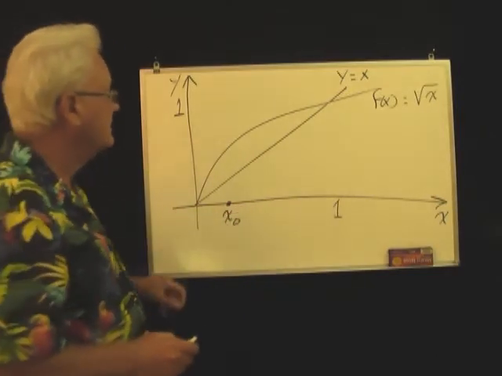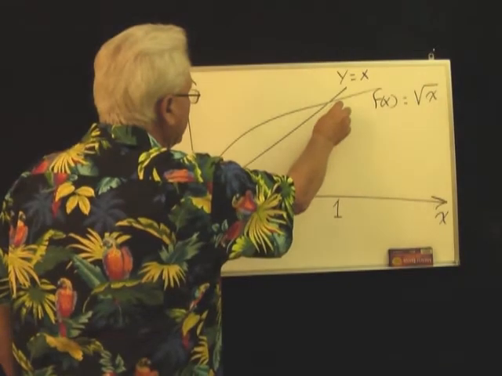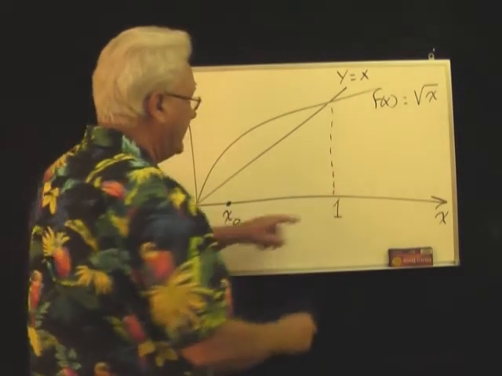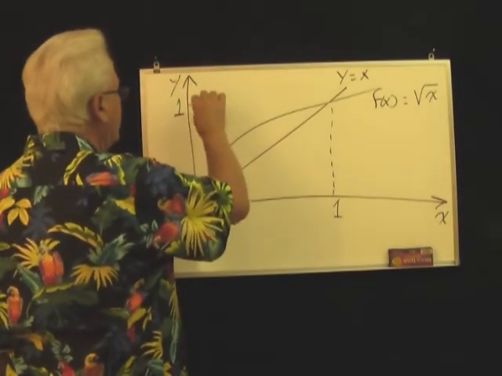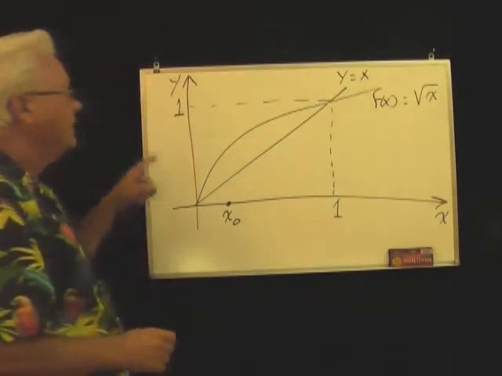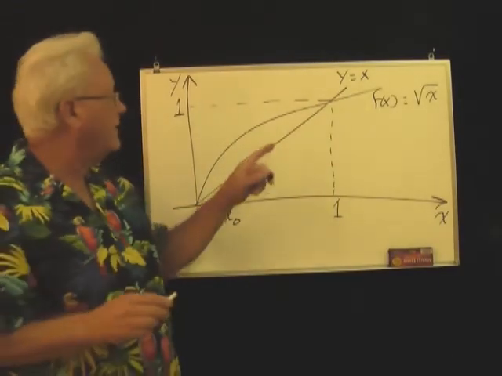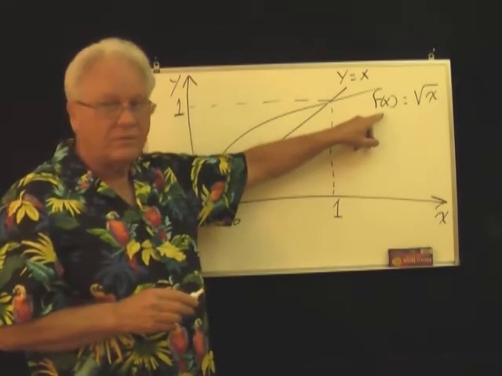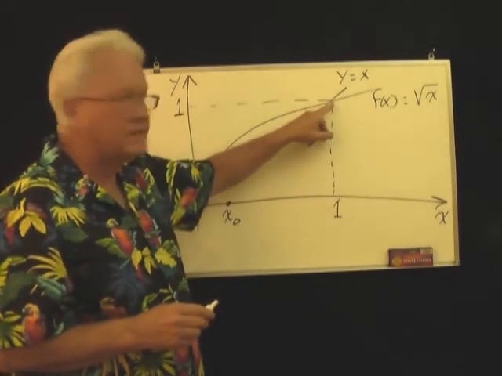Now, here's an interesting point, where x is 1 and y is also 1. Of course, it's on this straight line, but this is the place where this function, the square root of x, intersects that line.